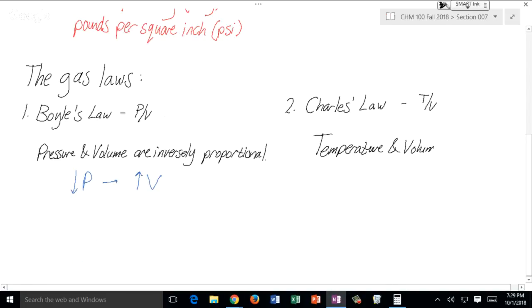Temperature and volume we would say are directly proportional, which means they change in the same direction. So if you decrease the temperature, as we did by pouring the liquid nitrogen on the balloon, we decrease the volume. We didn't have an example of it, but that works in the opposite way too. You can decrease or increase the volume and change the temperature that way too.